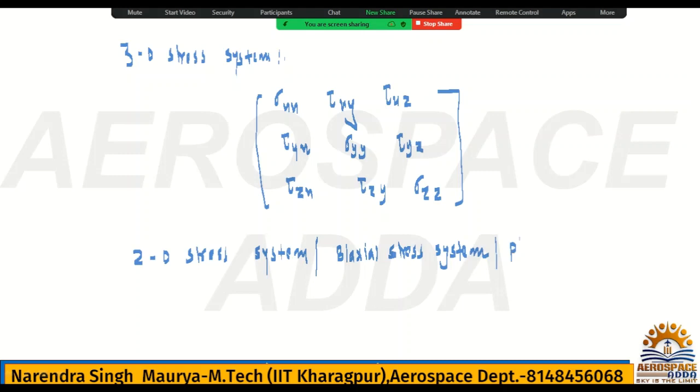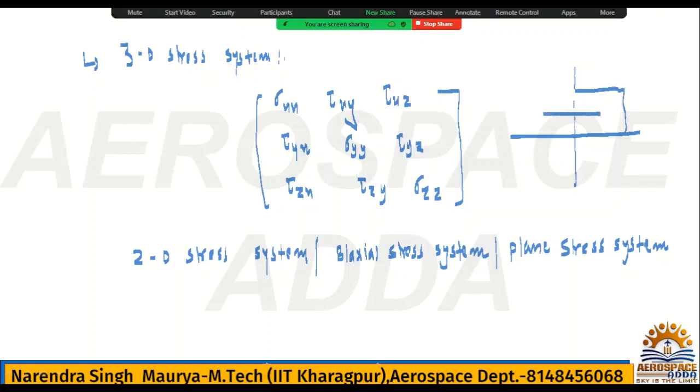Why it is called plane stress system, that is also one discussion we'll have here. These are the names. This 3D is just so you know about all three axes and the stress distribution. From a calculation point of view, you always consider the 2D stress system. So this is the 3D stress system, and we saw last lecture sigma xx along the x axis, this is the y axis, and somewhere here is z.